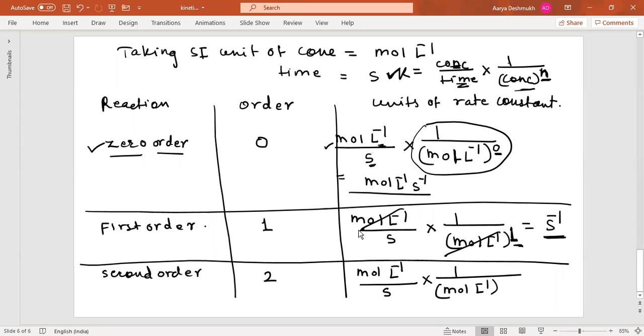Here the value of n is 2, so I can write here 2. So you will get mole inverse liter and second inverse. I'll explain how it comes on the next slide.